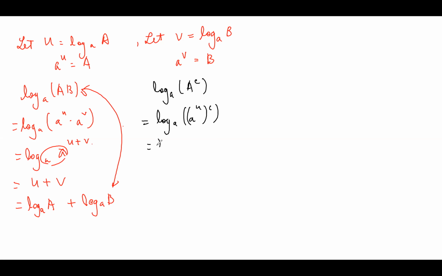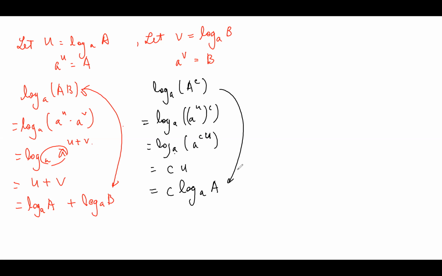Then of course we know that basically we could have c times u. And now, same thing, I have these two bases, they are the same, meaning I have c times u. Then remember u is log base a of a, right? So then again, okay.